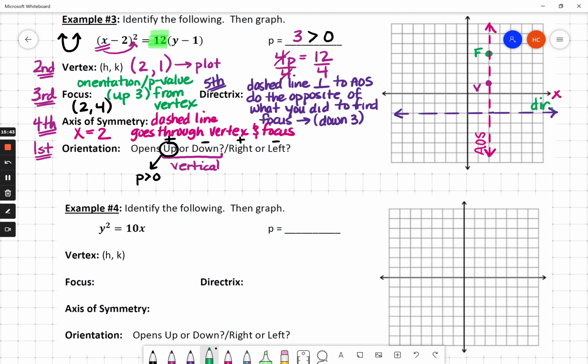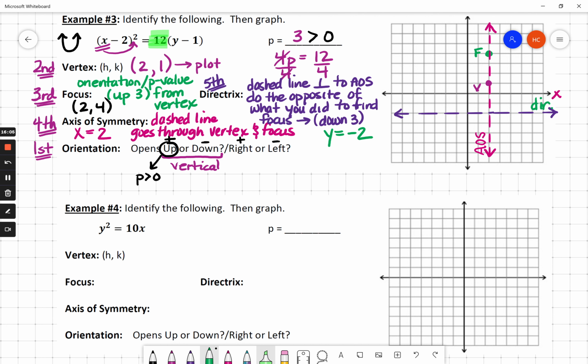Directrix is also going to be an equation for a line, and since it's perpendicular, we know it can't be an x equals because the axis of symmetry was x equals 2. The directrix is going through the y-axis. So y equals, it's going through the -2 value, so y equals -2 is my directrix.